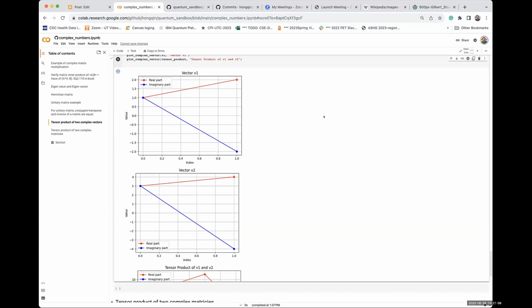That's the book's explanation for why you use the tensor product in quantum computing. The book also mentioned mapping a lot. So the tensor product is used a lot in machine learning and quantum computing.